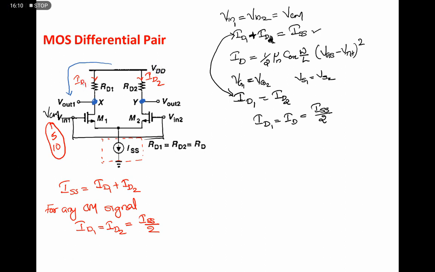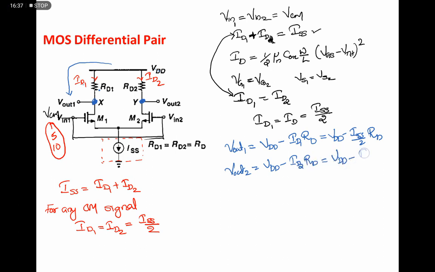VDD minus ID RD, we will get Vout1, or the value of Vout1 equal to VDD minus ID1 RD, which is equal to VDD minus ISS by 2 RD, and Vout2 equal to VDD minus ID2 RD, which is also the same, VDD minus ISS by 2 RD.